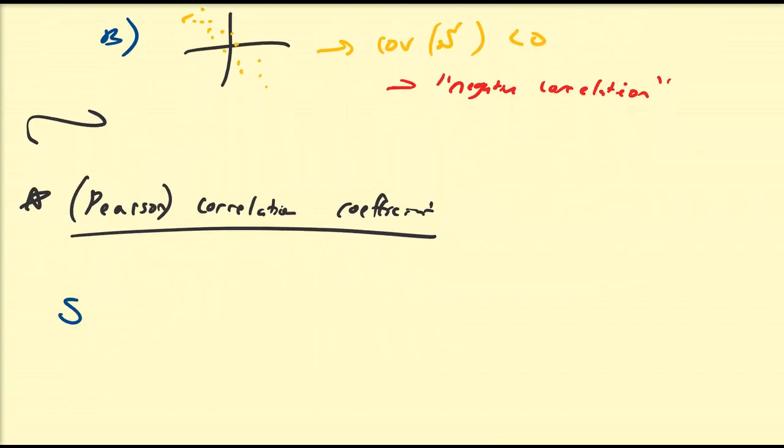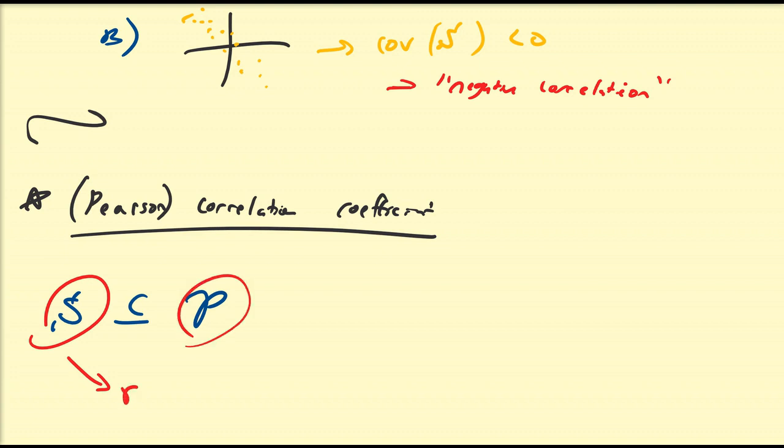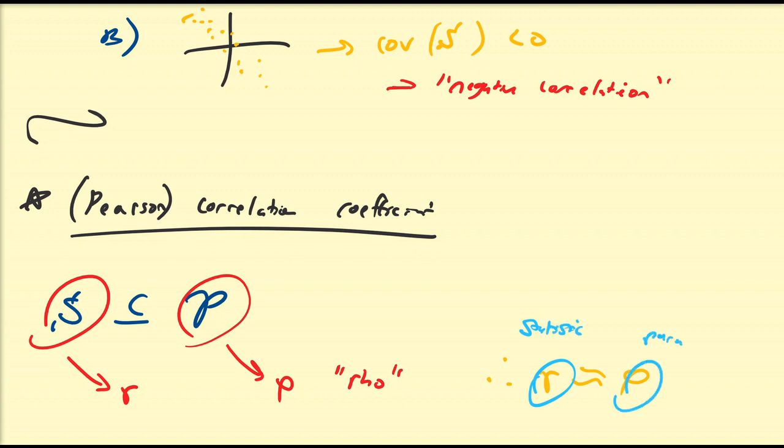So recall, we usually have some sample that is drawn from a population P. The correlation coefficient for the sample is typically denoted by R, and the correlation coefficient for a population is typically referred to by the Greek letter rho. So this is the Greek letter rho. That means R is an approximation for rho, where R is a statistic and rho is a parameter.